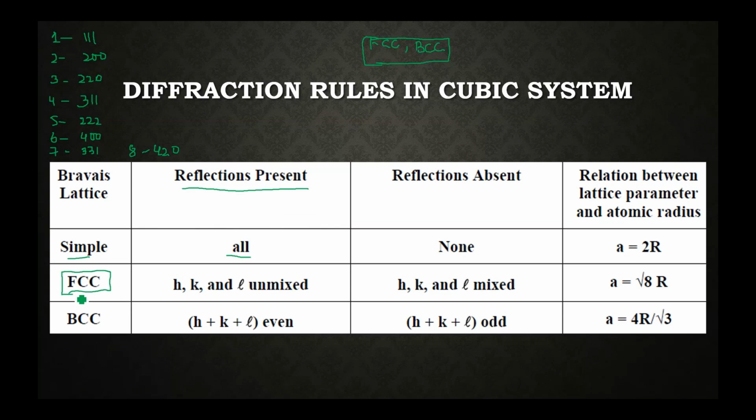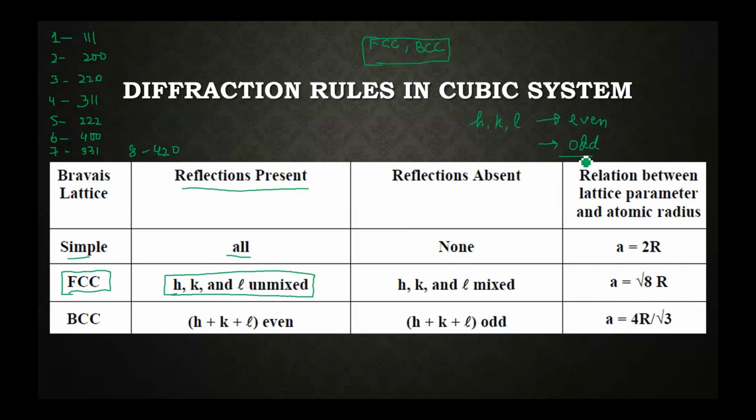For FCC, every peak should satisfy this criteria, that H, K, and L are unmixed. Unmixed means either all three indices H, K, and L are even or they are odd. This is the criteria. Clear? Yes sir, clear.